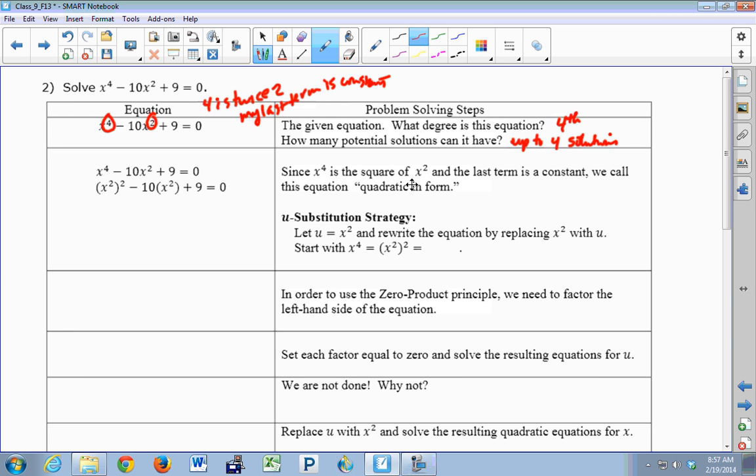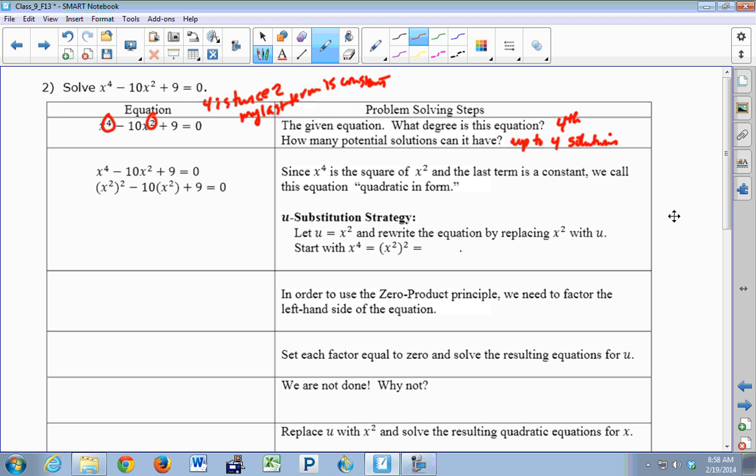We can write this equation over again, writing instead of x to the 4th, x squared squared. And then our middle term is x squared. So you see how this x squared appears twice. Now you let u, you could use any letter in the world you want, but u tends to be the famous one that's used throughout calculus a lot. They call it u substitution. So you let u equal x squared.